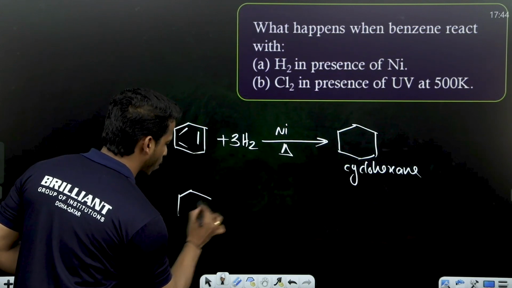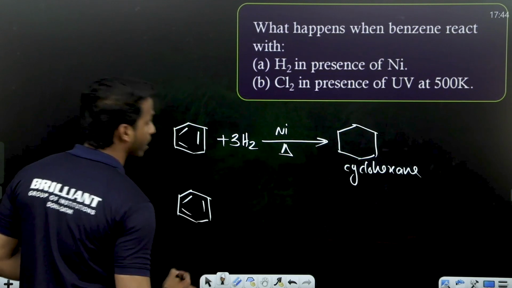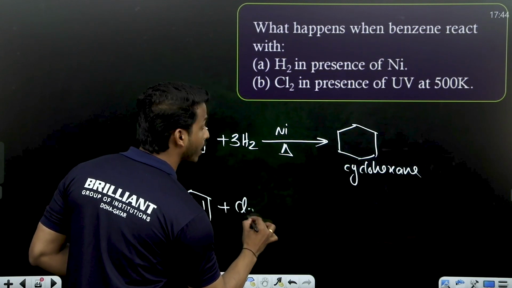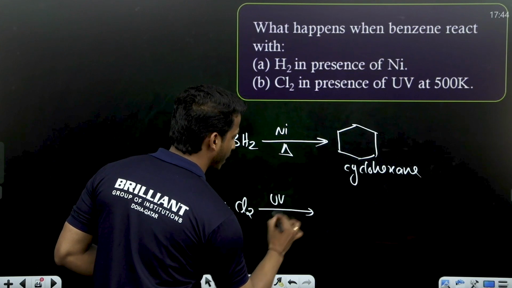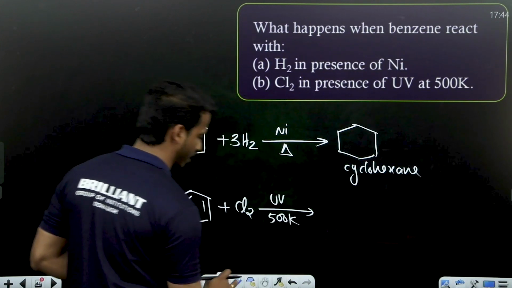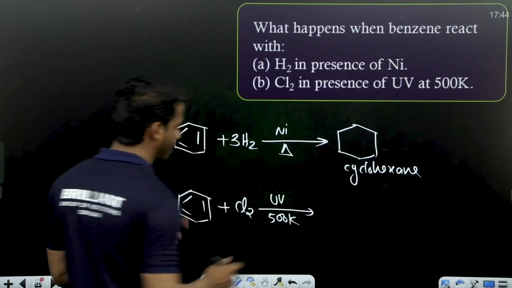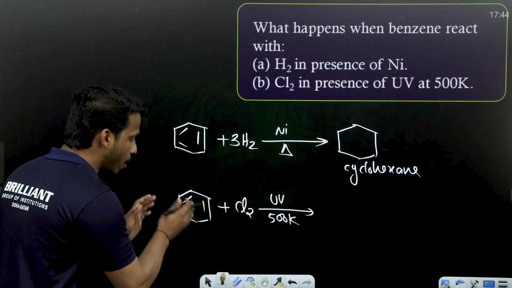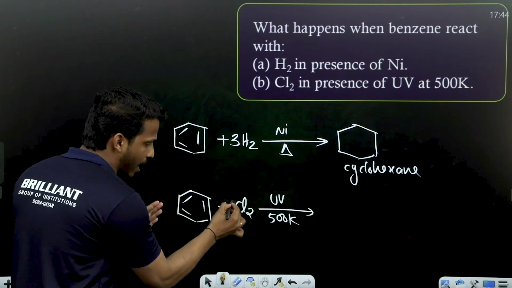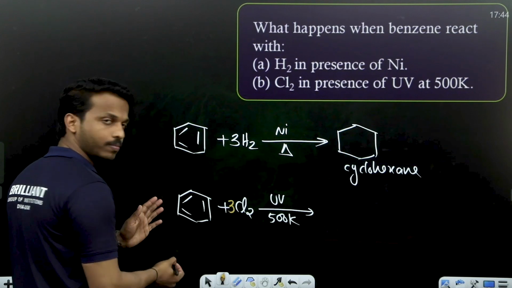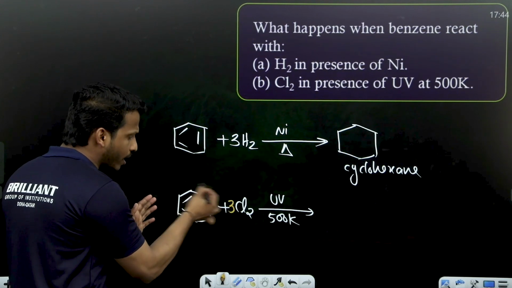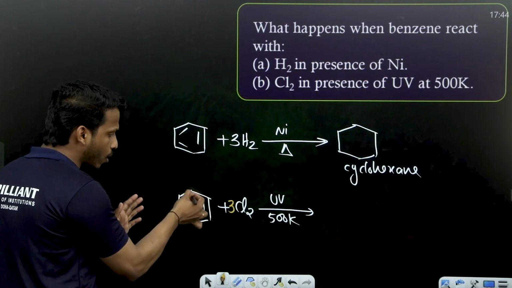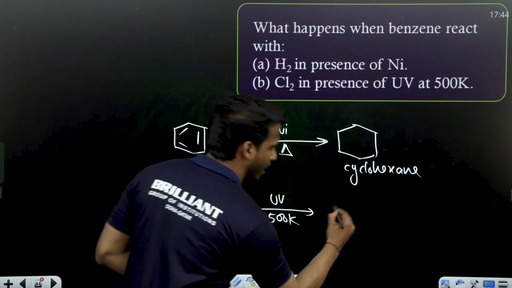One more thing. What happens when benzene reacts with chlorine in the presence of UV light at 500 Kelvin? Keep in mind, all of you, when benzene is treated with chlorine, we add around 3 Cl2 there. All the chlorine gets added on the benzene ring and the double bonds go.